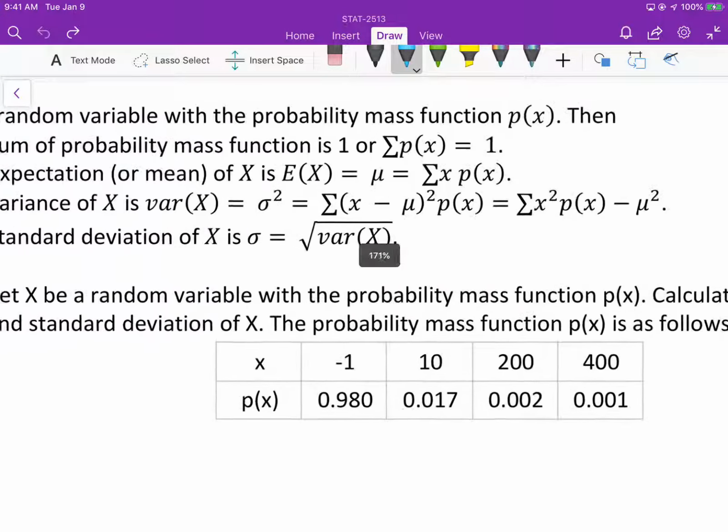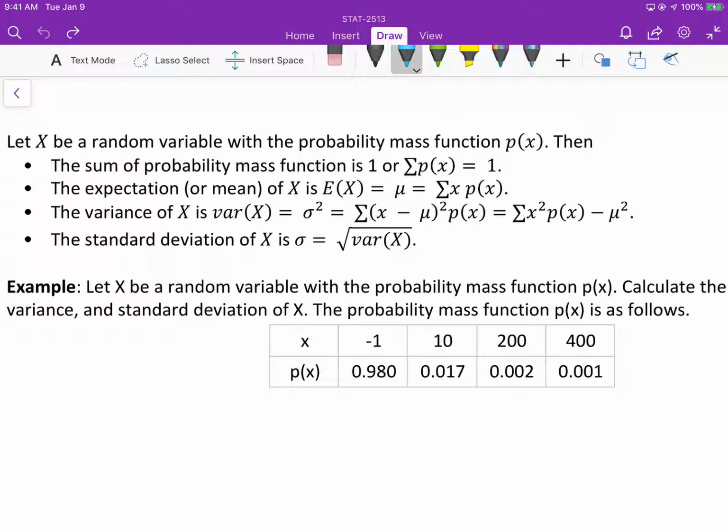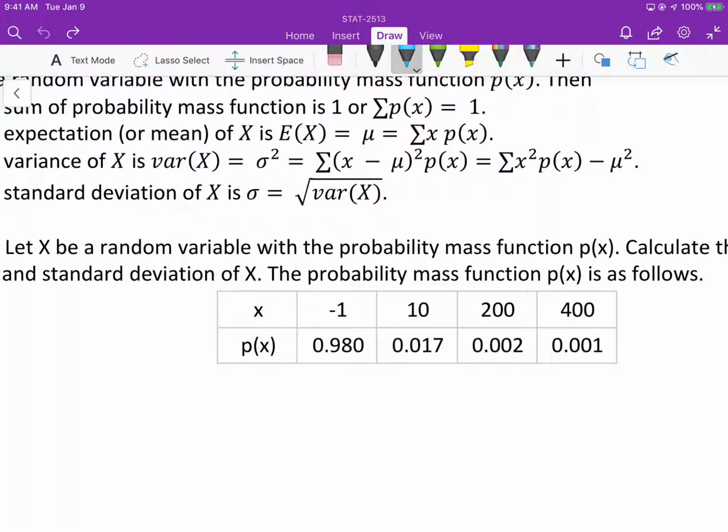We look at the first property. It says the sum of the probability mass function is 1. Basically, it means the sum of p of x is equal to 1.